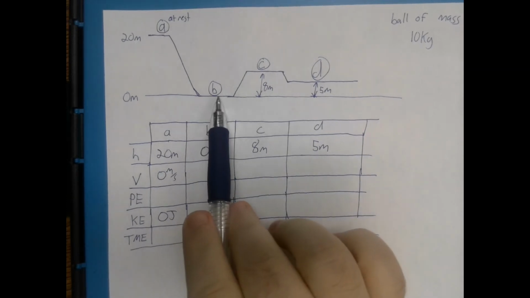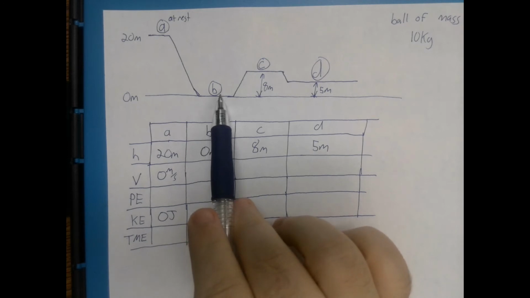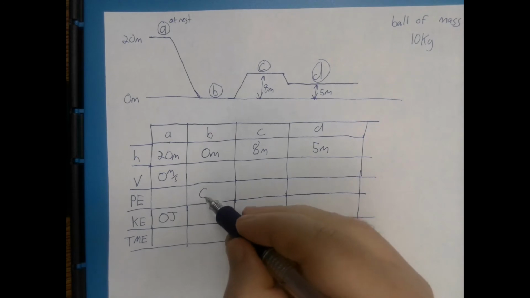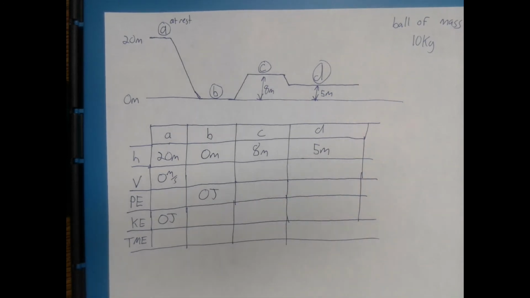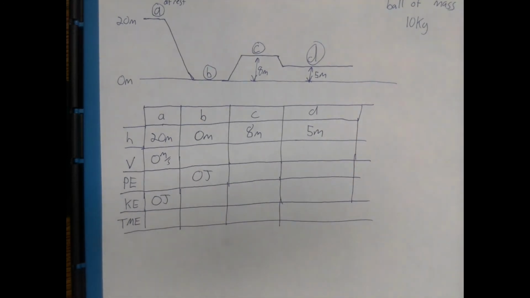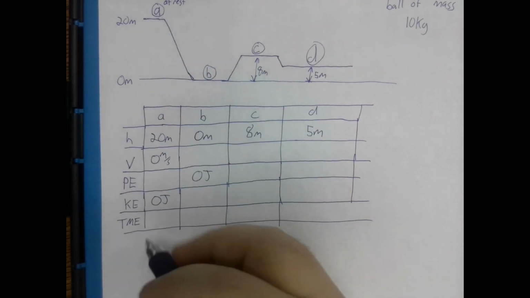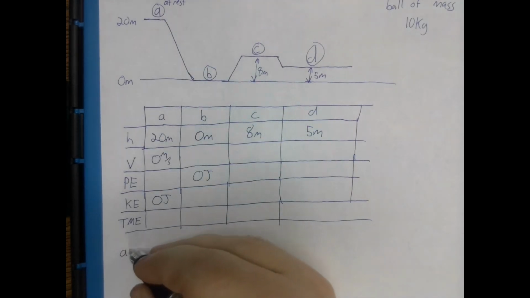For B, we're at the ground. So, if we're at the very bottom, our potential energy is 0. And currently, that's all we know right now. So, let's try filling in this table. I would start with this one. It's the easiest.